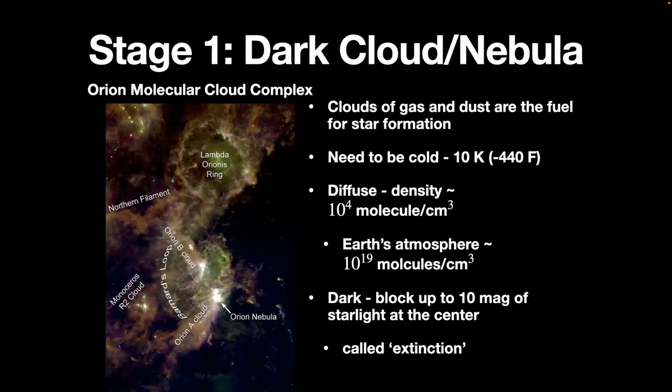These clouds are also dark, right? They block up to 10 magnitudes of starlight at the center. Out towards the edges, more starlight gets through and the edges get a little more heated, but at the center, not a lot of starlight gets through. So this blockage, which we call extinction, has a consequence.